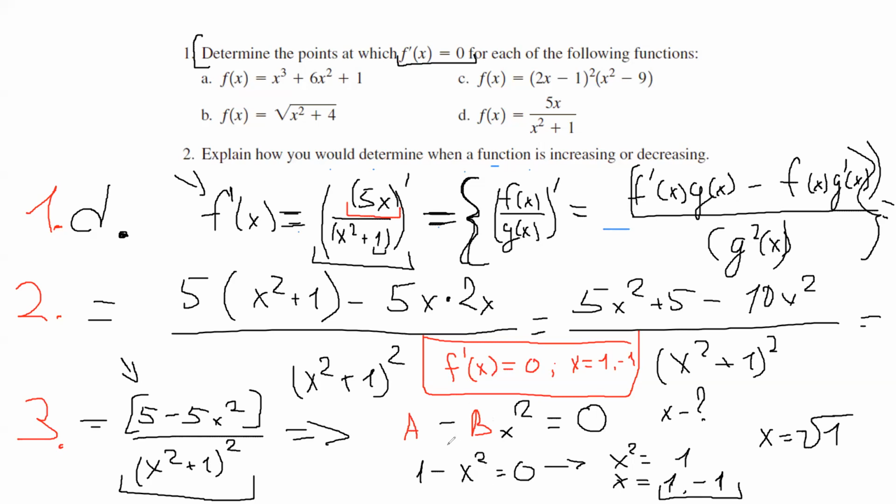Then you would simply move a to the right-hand side with a negative sign, so we have negative b x squared equals negative a. We simplify the minus, divide by b because it's a factor, and we're left with x squared equals a over b.